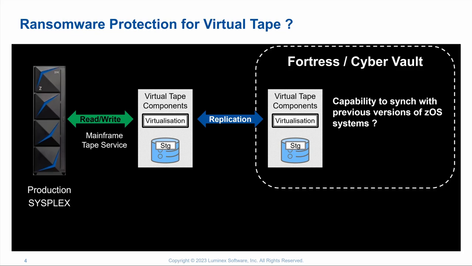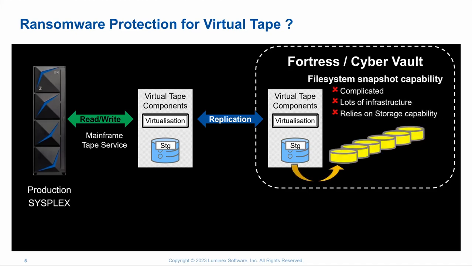Now, there are two primary ways of doing that. You can take snapshots. So you can replicate what you do for your z/OS disks, and you can snapshot your virtual tape environment. Now, I think it's fairly infrastructure heavy to look at this process. We do have architectures that support this ourselves. It relies on the storage capability.